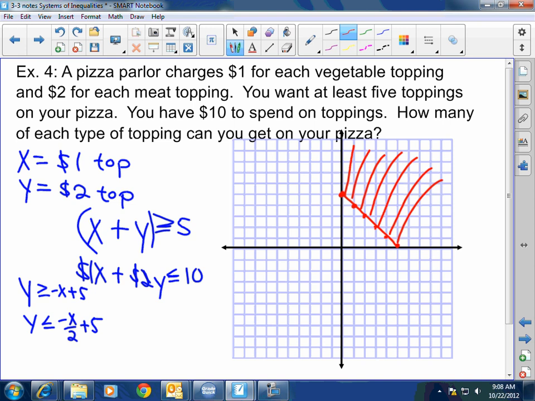And then I've got y is less than or equal to negative x over 2 plus 5. 1, 2, 3, 4, 5. Down 1 over 2, down 1 over 2, down 1 over 2, down 1 over 2, down 1 over 2. And that's going to be solid as well, but it's less than. So it's in this little boundary right here. Solution.